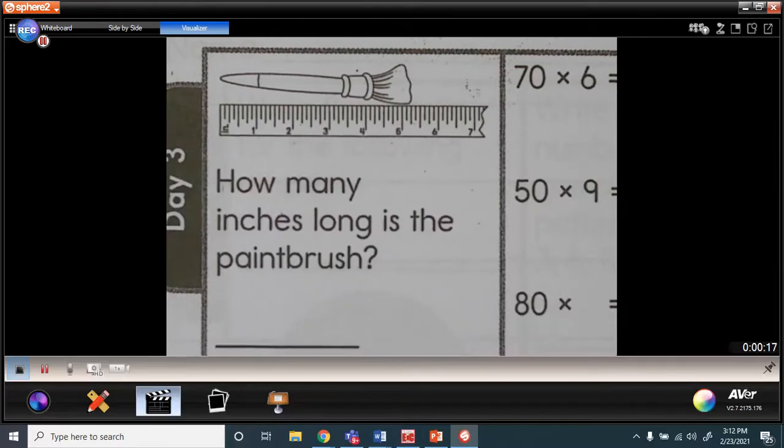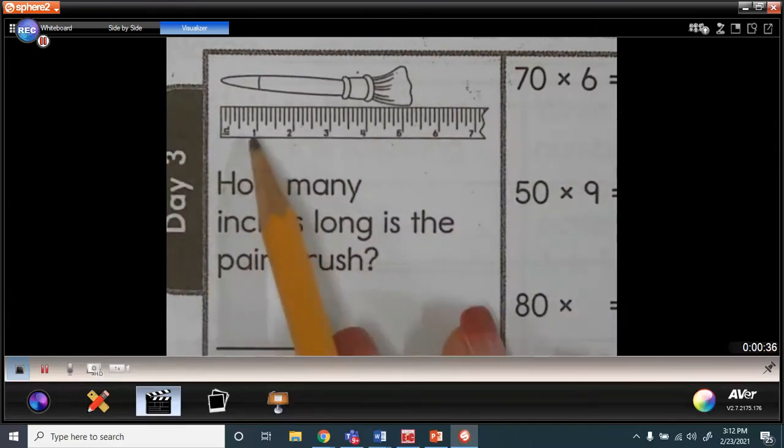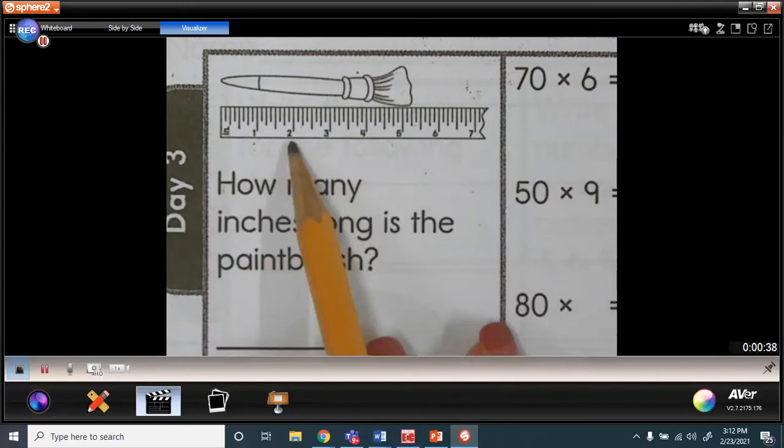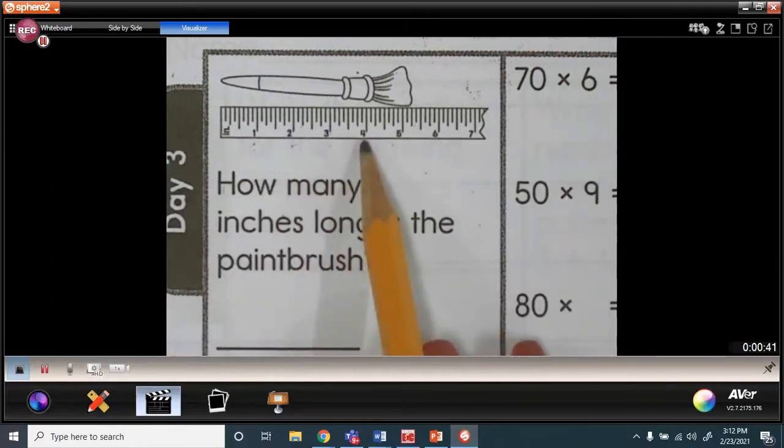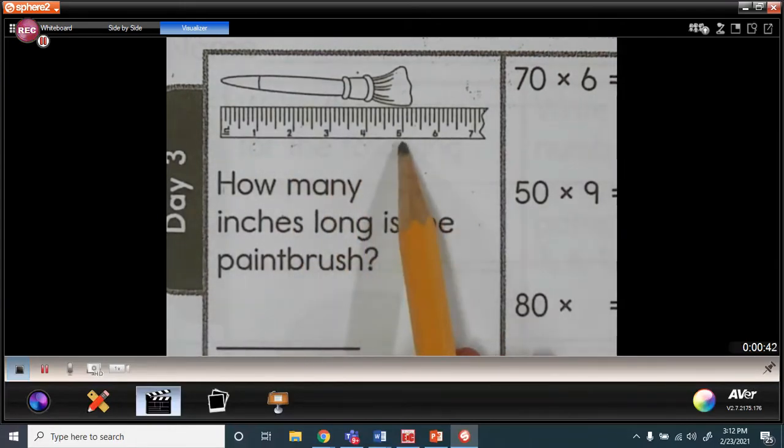I've zoomed in on our paintbrush here so that we can take a really close look at where that paintbrush ends on our ruler. You'll notice that we started the paintbrush at the end of the ruler. And these are the whole inches. So that's 1 whole inch, 2 whole inches, 3, 4, 5 whole inches.